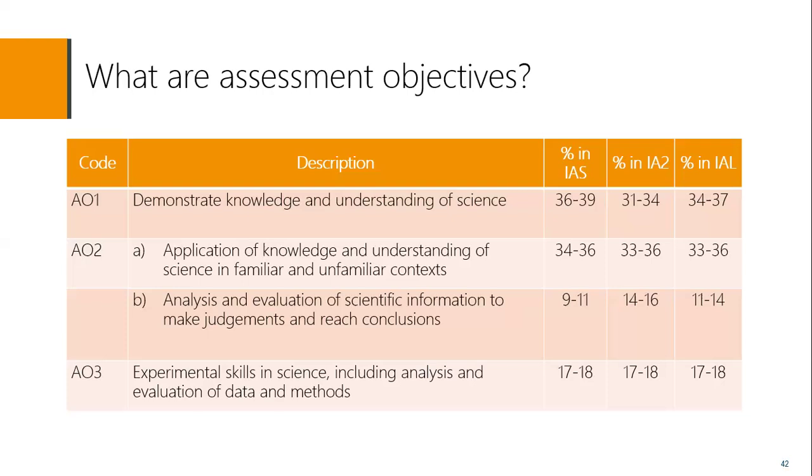AO3 is specifically experimental skills. That will account for about 16% of the marks, and any question assessing practical skills is assessing AO3 and will be found only in the Unit 3 and Unit 6 examinations.